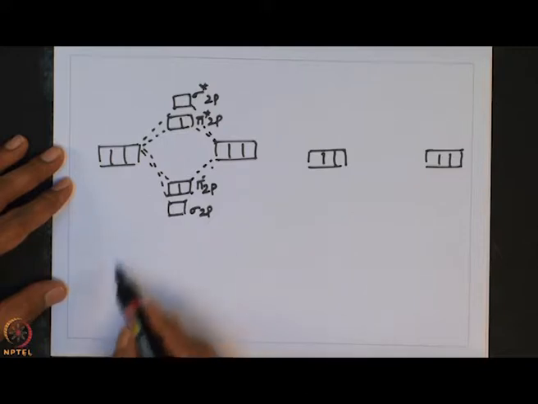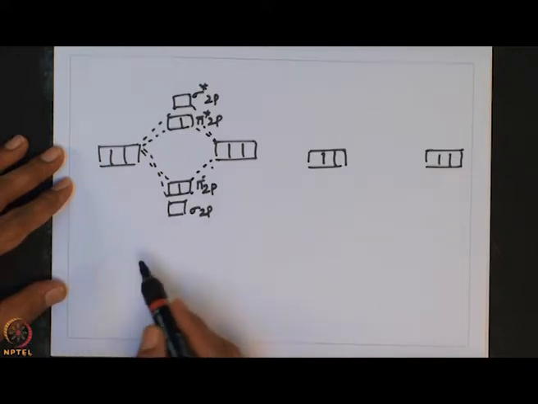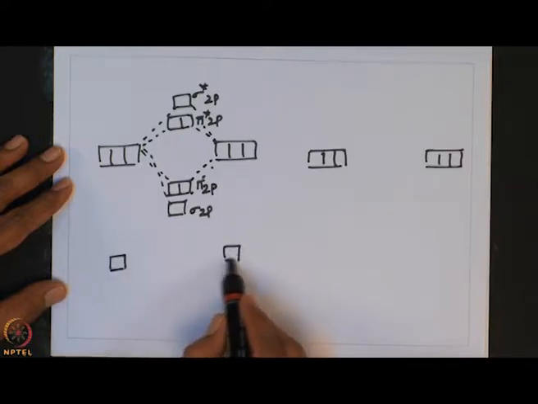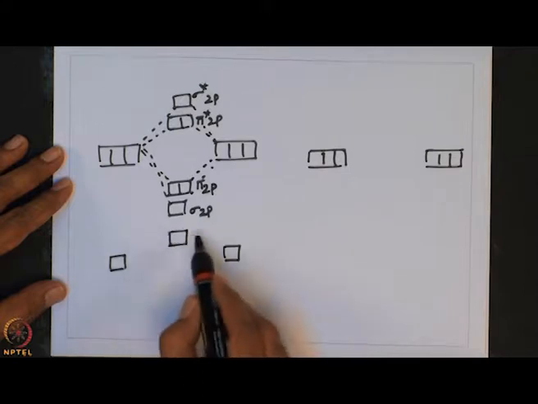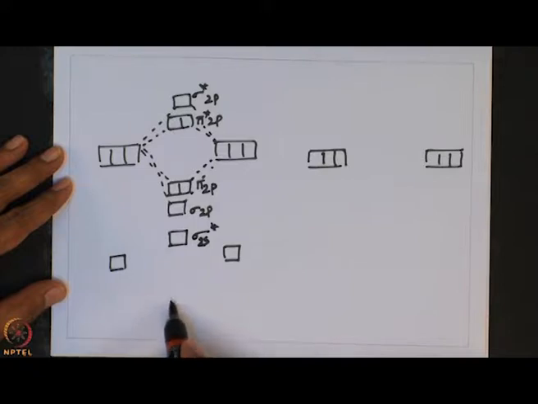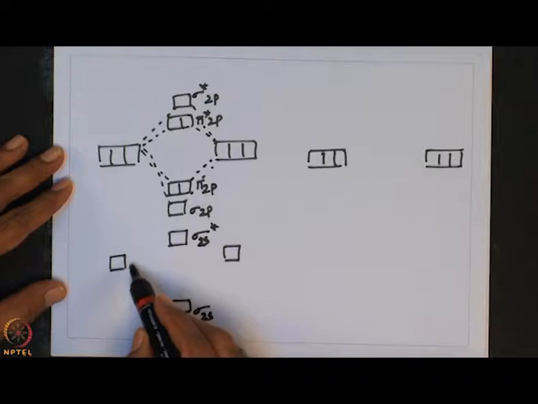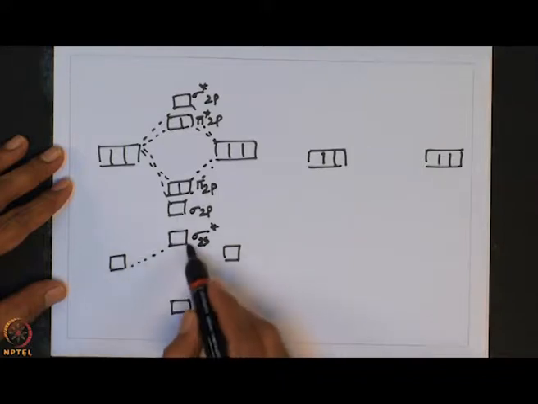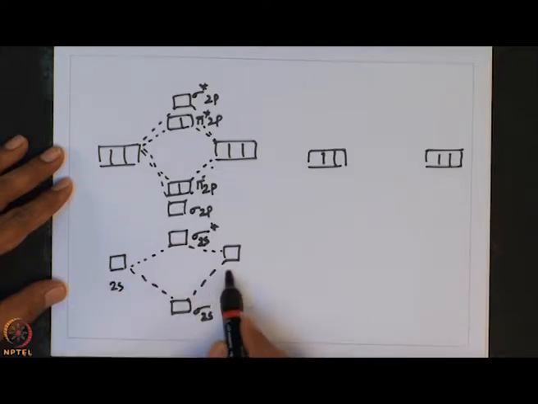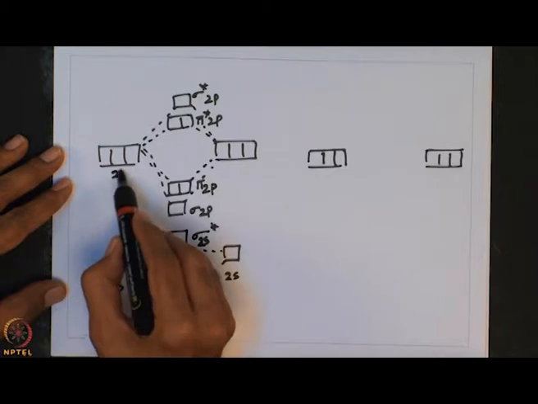Of course, we have 2 electrons in the 2s orbital, which also should be considered. This is sigma 2s anti-bonding and sigma 2s bonding. So this is for 2s, this is for 2p.